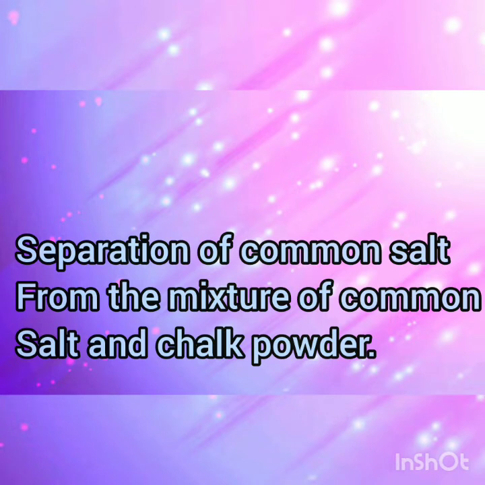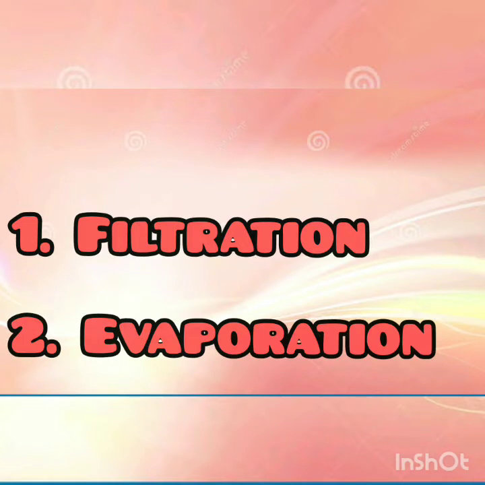Now, our next example is the separation of common salt from the mixture of common salt and chalk powder. In this mixture, we have two constituents, that is common salt and chalk powder. Let us understand their properties first of all. We know very well that common salt is soluble in water, whereas chalk powder is insoluble in water.